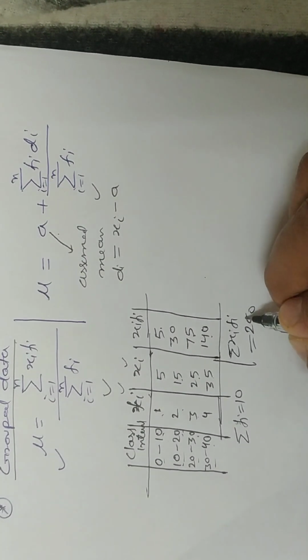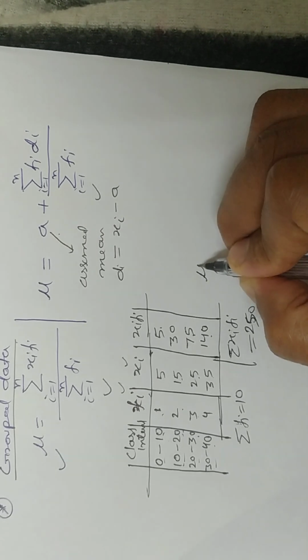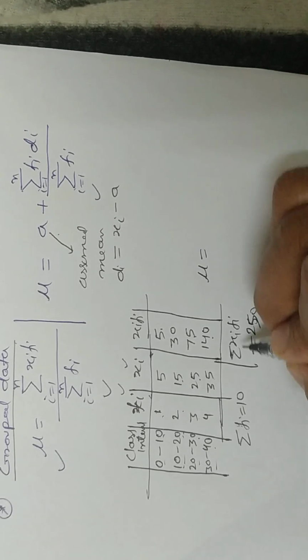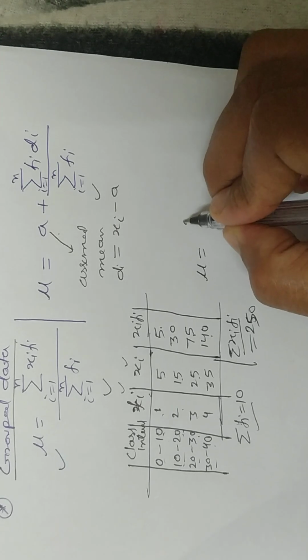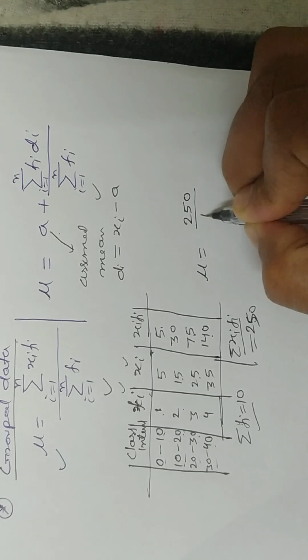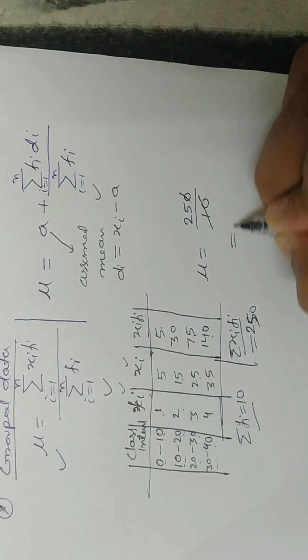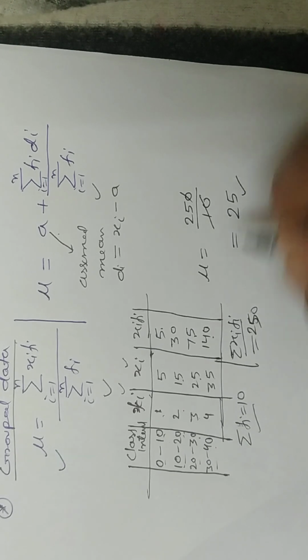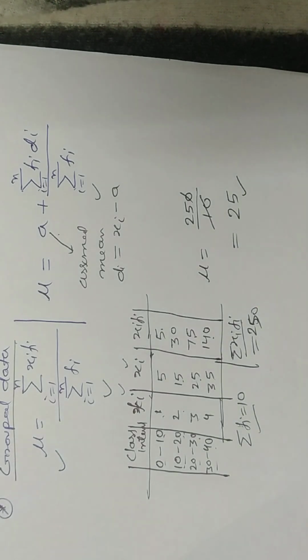Now the mean is the sum of this upon this, 250 upon 10. So the answer for this data is 25. So this is the third example with the formula for finding the mean.